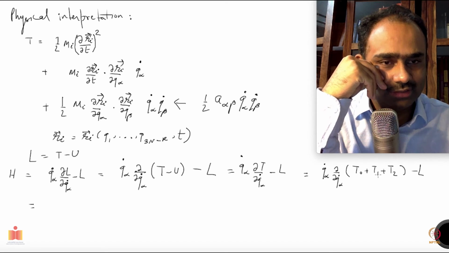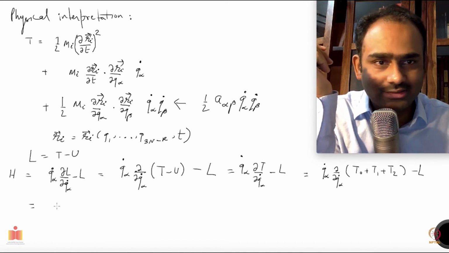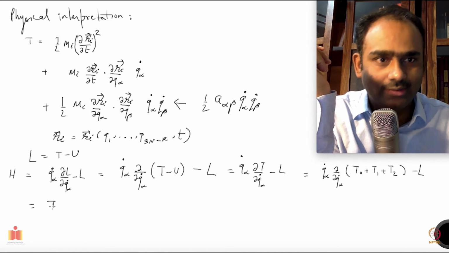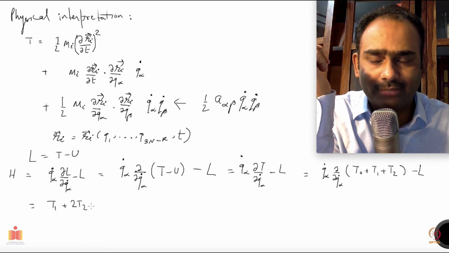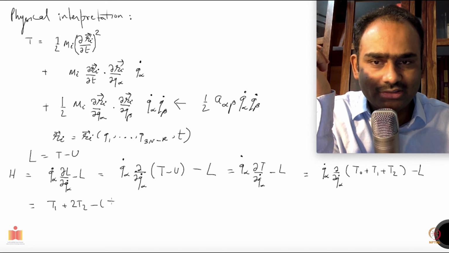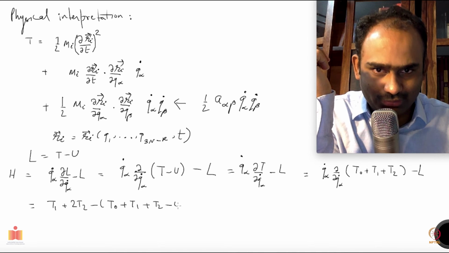When this acts on T1, you get T1 back, because T1 is homogeneous of degree 1. When this piece acts on T2, Euler's theorem says you get 2T2, and anyway you have minus L. L is T minus U, which is T0 plus T1 plus T2 minus U.